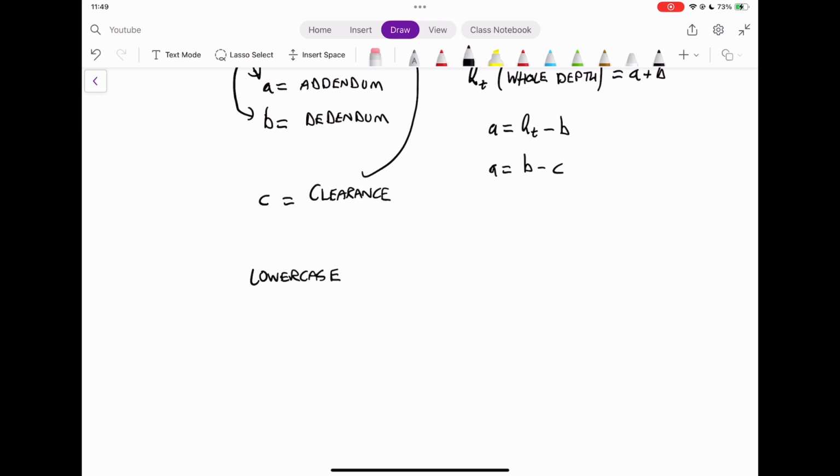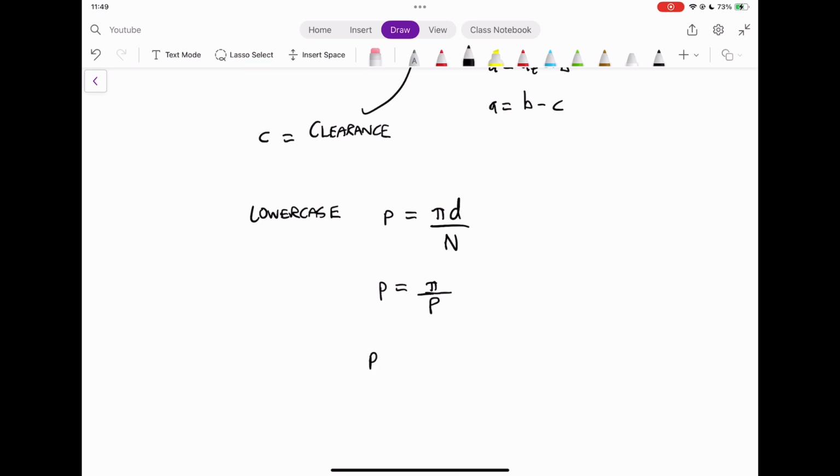Next thing we can write is, based on our equations and our analysis, we can write that lowercase p, which is circular pitch, is equal to pi d over N. Okay, and that's the case geometrically because we have a certain number of teeth, and pi d would be your whole circumference. So it's the circumference divided by the teeth.